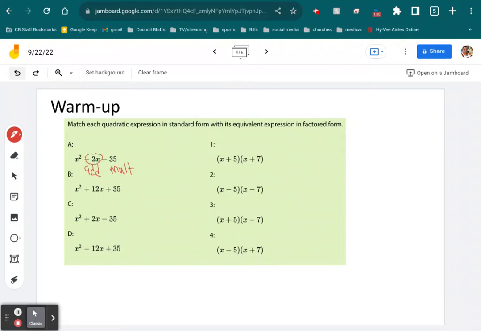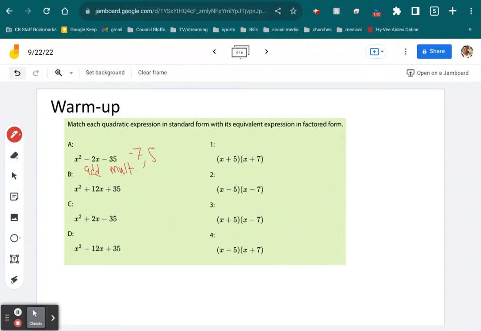And because my sum is negative, the only way that could happen is if, quote unquote, the bigger number is negative. So in this case, the combination that works is -7 and +5. -7 plus 5 is -2, and -7 times 5 is -35. So that means my factors are going to be x minus 7 and x plus 5.